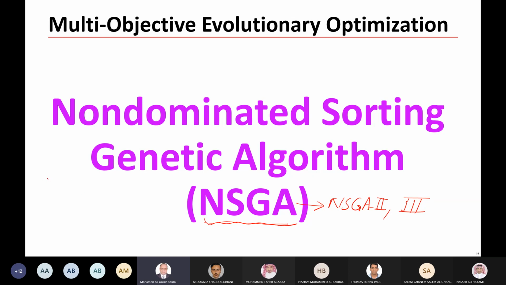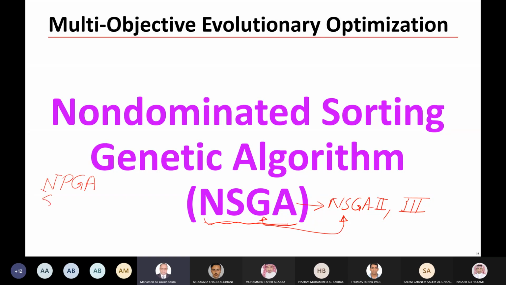There are other methods. I had included all these methods in this part, but due to the expected time squeeze, I removed the others. We will discuss only NSGA and NSGA2, but we also have NPGA, the niched Pareto genetic algorithm.